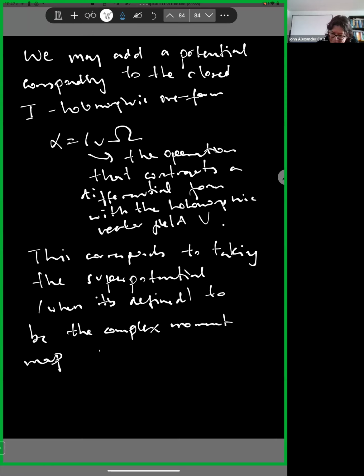Let me just call it this, and then you have the d. So W will be iota B omega. So that's somehow the way you can actually construct the potential.